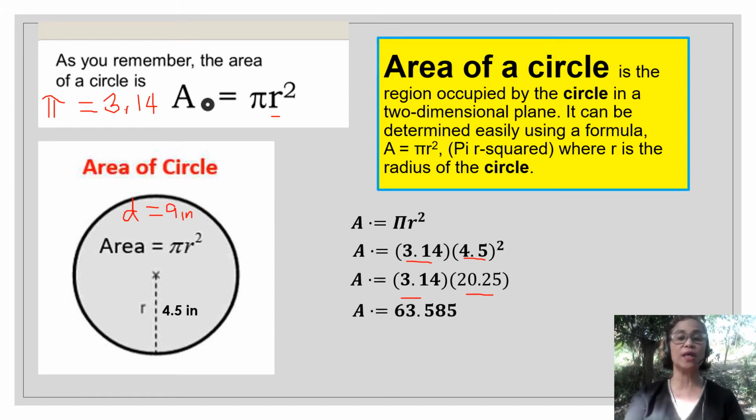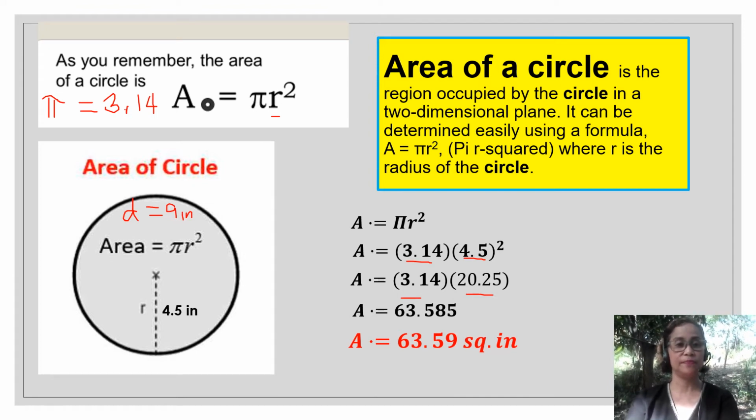Multiplying both, we get 63.585, rounded off, 63.59 square inches. So that is the area of the round pizza. Now let us go back to the problem and check what Mrs. G should really decide on.